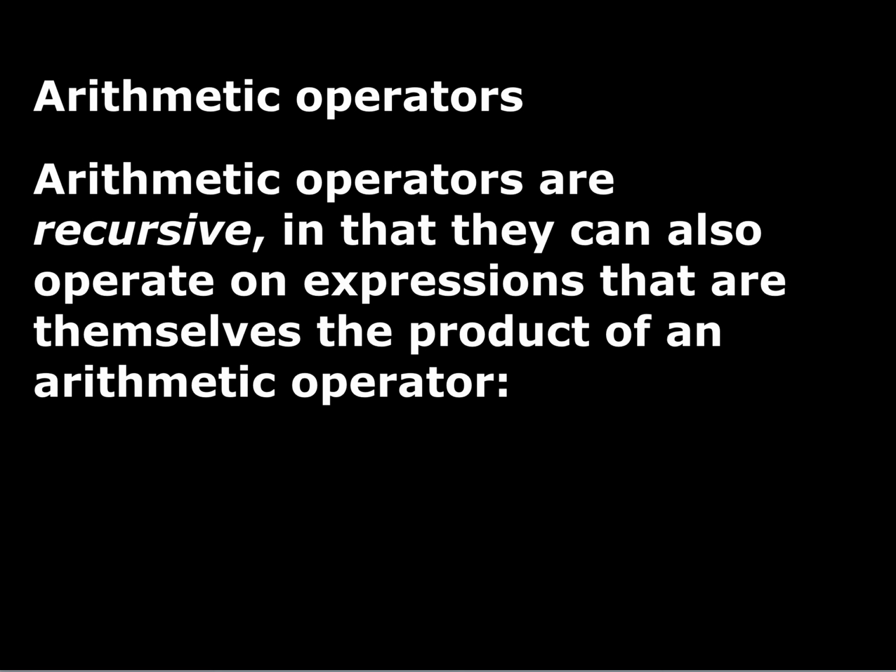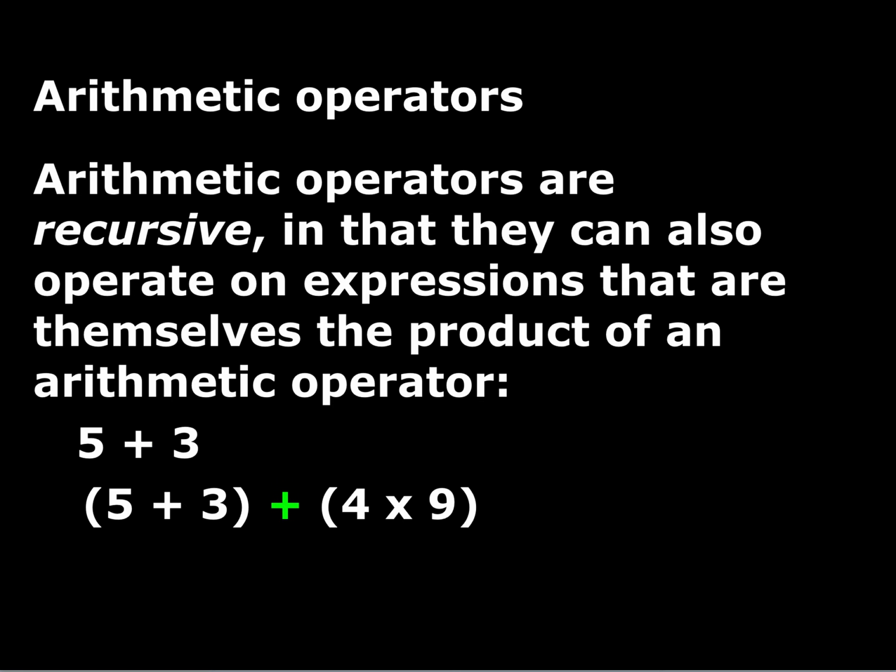Now the point is that arithmetic operators are recursive, meaning that they can also operate on arithmetic expressions that are themselves the product of arithmetic operators. So, for example, this is an example that I just gave, 5 plus 3, a compound arithmetic expression. But now this can be input to another one, and I can get 5 plus 3 plus 4 times 9.